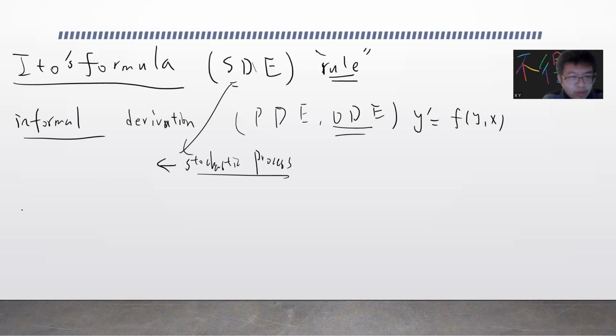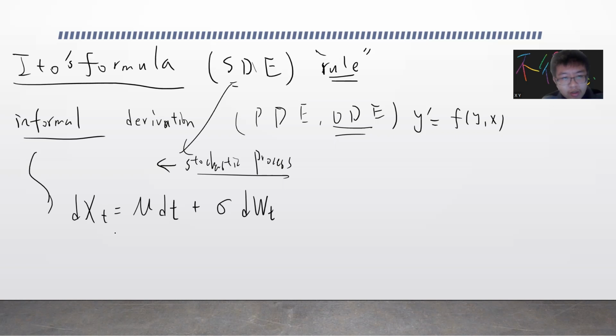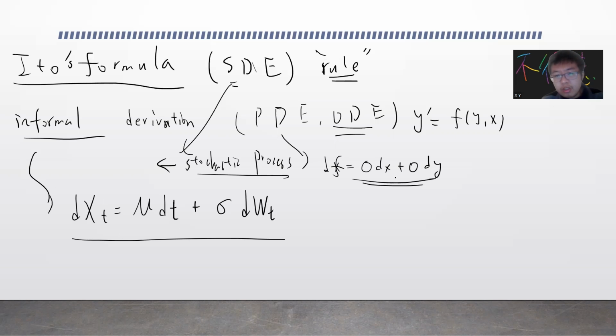But in an informal way, let's say I have a dXt process. Suppose dXt is some function mu dt plus sigma dWt. You can view this like the standard PDE. In a PDE you can write some f as some dx plus some dy; usually this kind of thing is just a total differential.